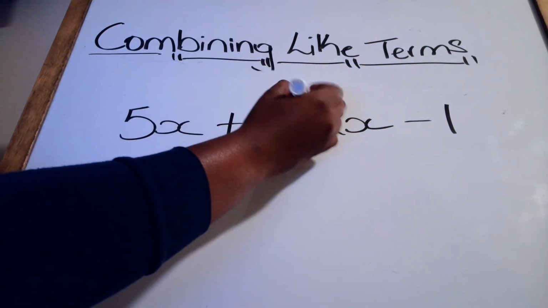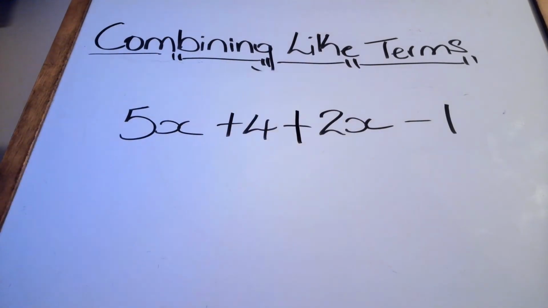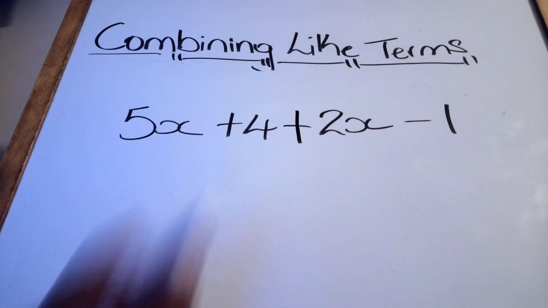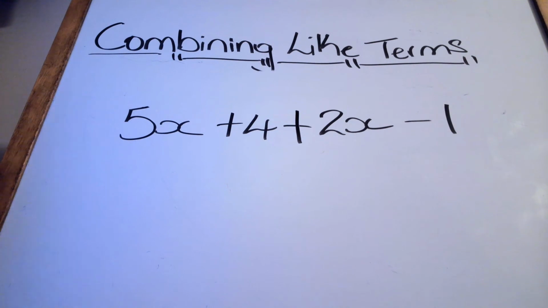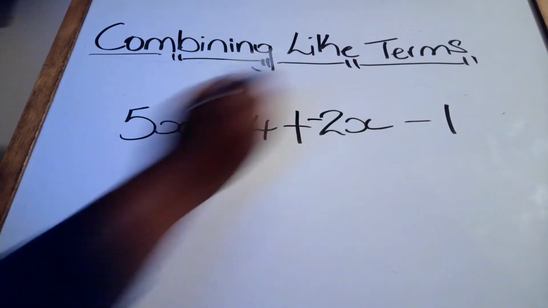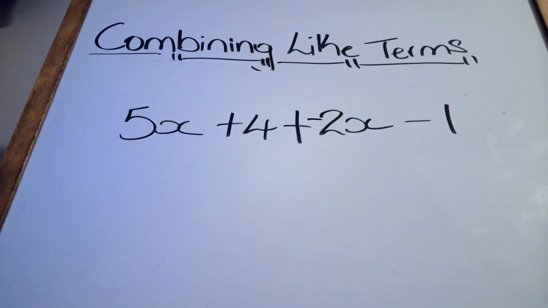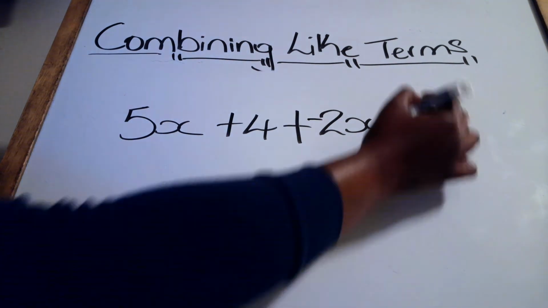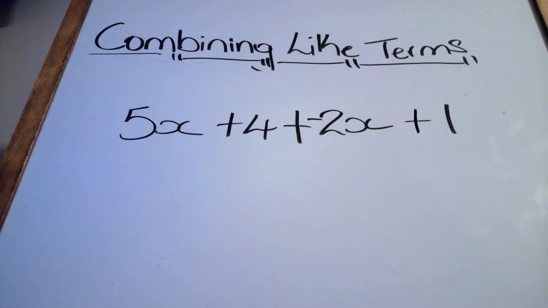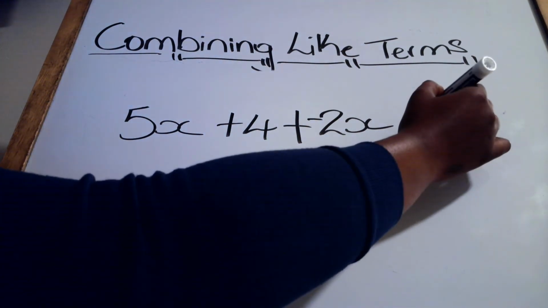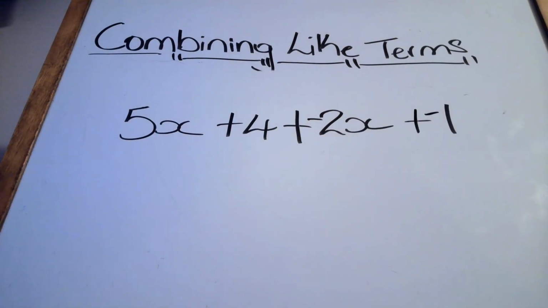I change this subtraction to an addition, then the number here changes. So it's a negative 2x. I change the subtraction to an addition, the number here changes, it's a negative 1. Right?